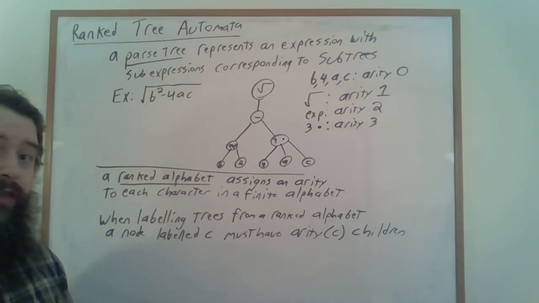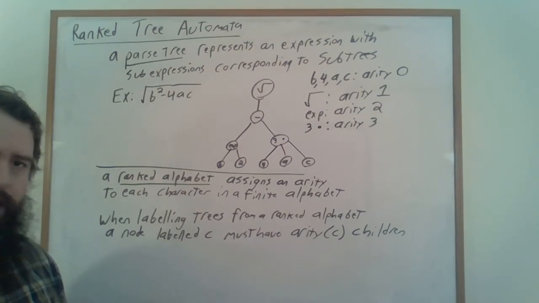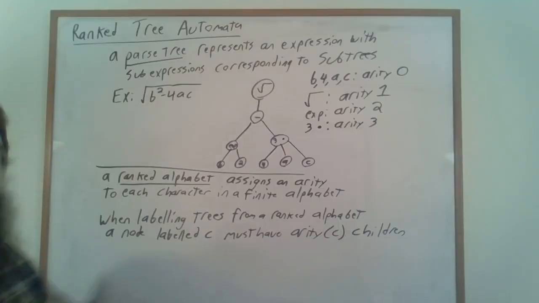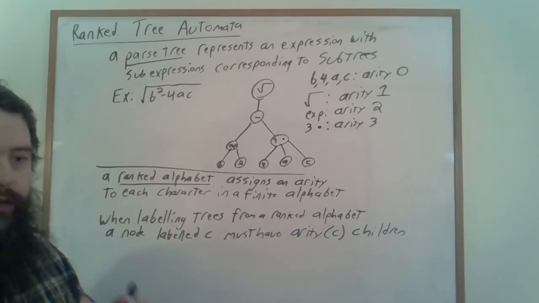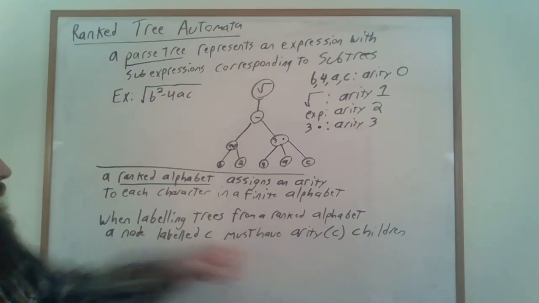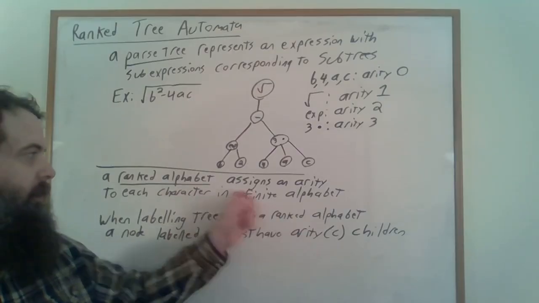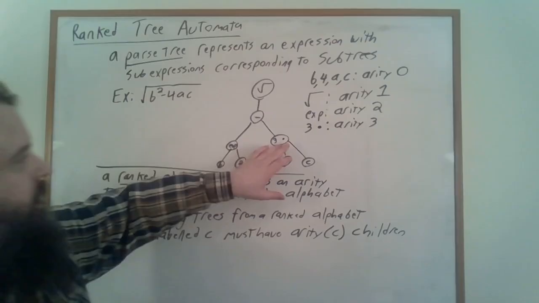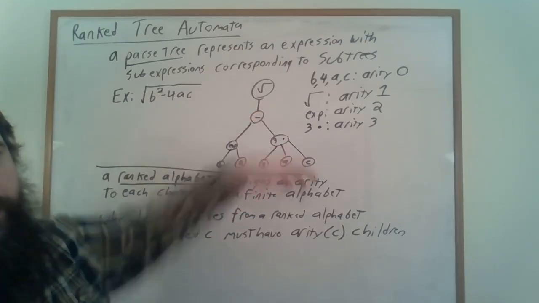If we want to have parse trees that offer multiplying 2 things together or multiplying 4 things together or whatever, we're going to need separate characters for each of those numbers of children, because each of those different characters is going to have a different arity, a different number of children that it's allowed. So ranked trees don't quite correspond to the way that we think about parse trees, and we're going to need some more advanced tools in order to analyze trees where a node with a particular character has an arbitrary number of children.